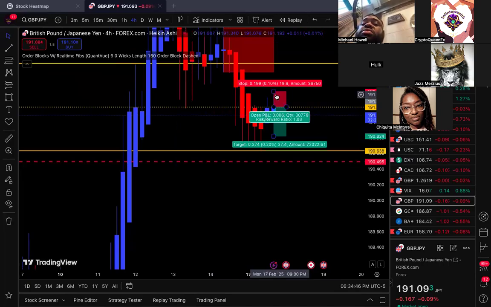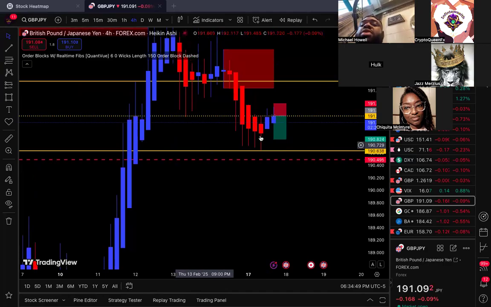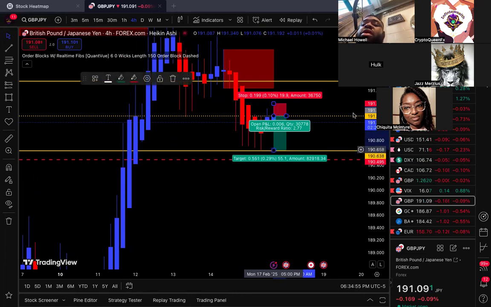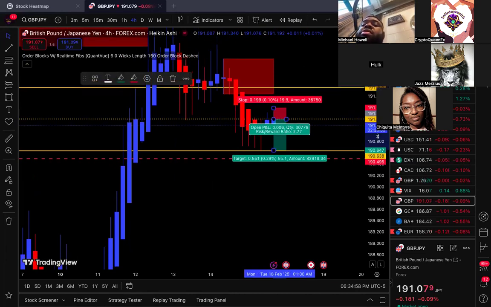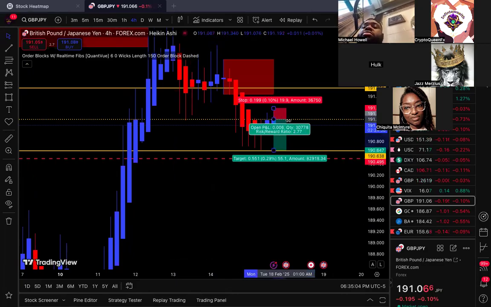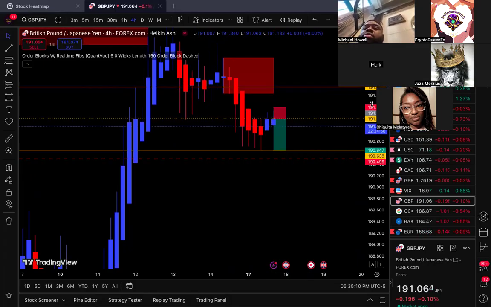So again, your stop is above the engulfing. And your take profit, it's probably gonna go lower than this. But it's gonna go there. It's already starting to sell. But Tokyo session opens up at 7 p.m. Eastern.